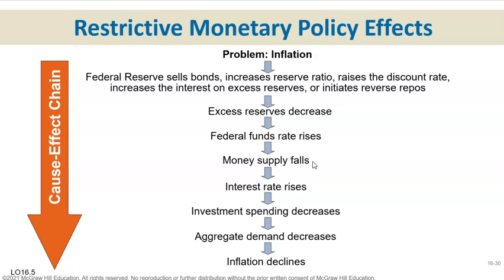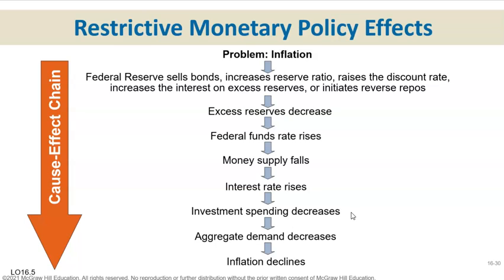As the money supply falls, interest rates across the economy will increase. So we'll see increases in the federal funds rate as well as increases in interest rates around the economy. As interest rates rise, then investment spending will fall.